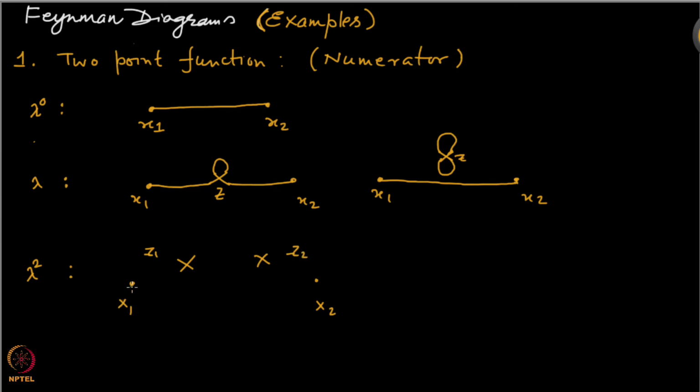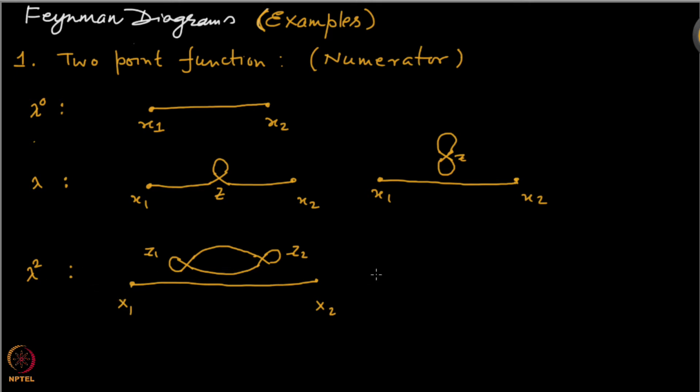Of course you can draw a line between x1 and x2, so that's a Feynman propagator Delta_F of x1 minus x2. And then there are many ways in which you can contract these, and one possibility is that you contract this with this one like this, and connect these two. So this is one possible Feynman diagram at order lambda squared.